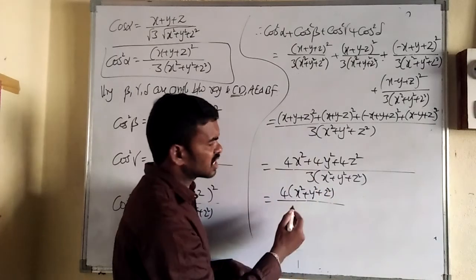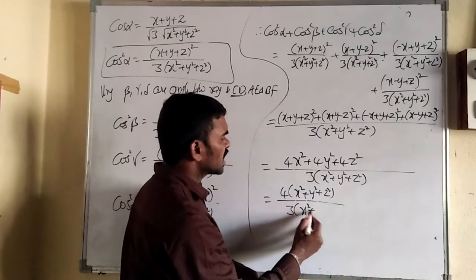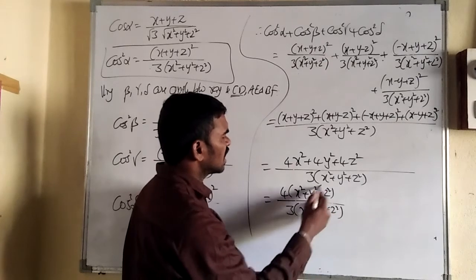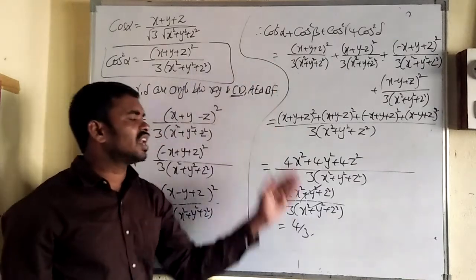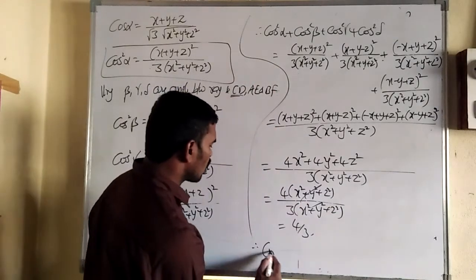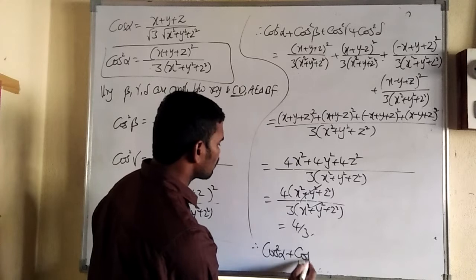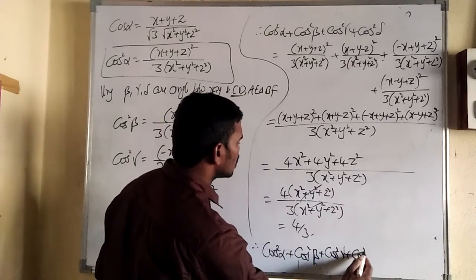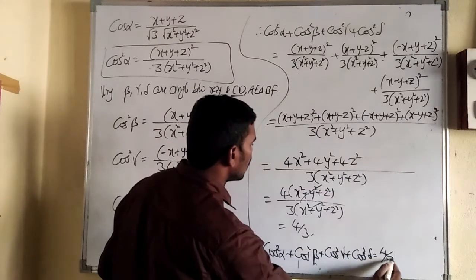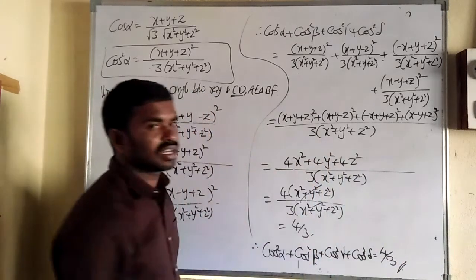Of course we can write the direct step, no problem. So 3 into (x square + y square + z square) cancels, and this value is 4 by 3. Therefore cos square alpha + cos square beta + cos square gamma + cos square delta equals 4 by 3. This is the answer. Finish.